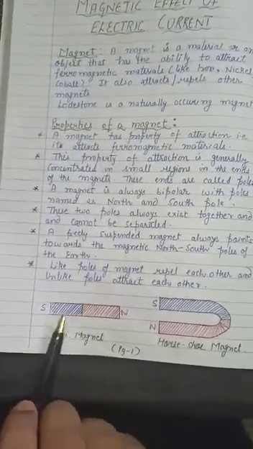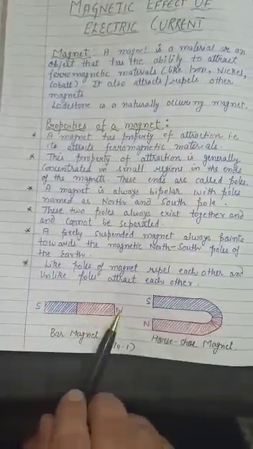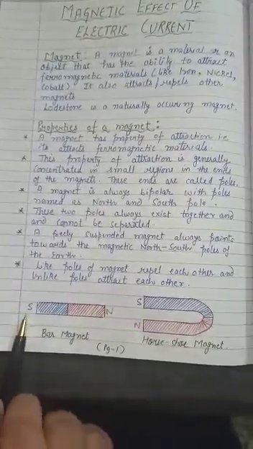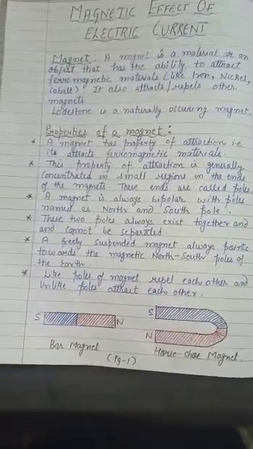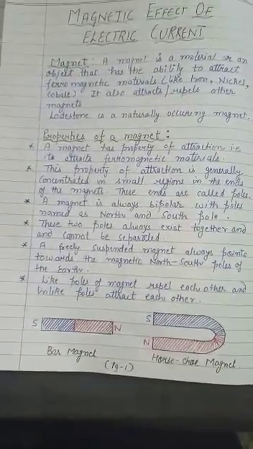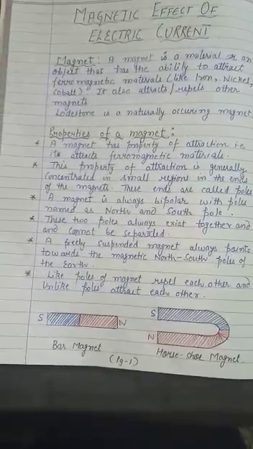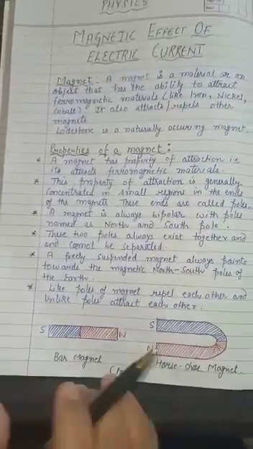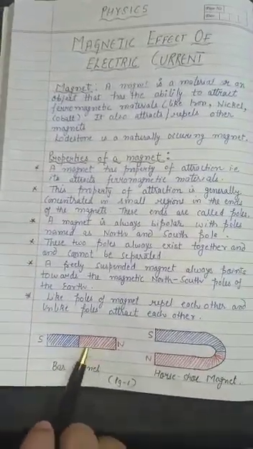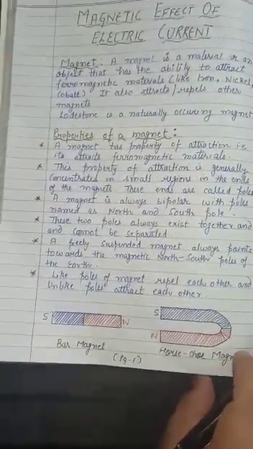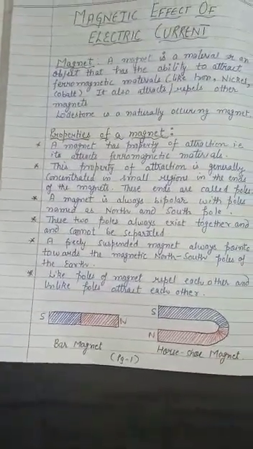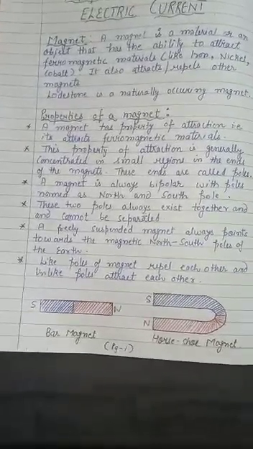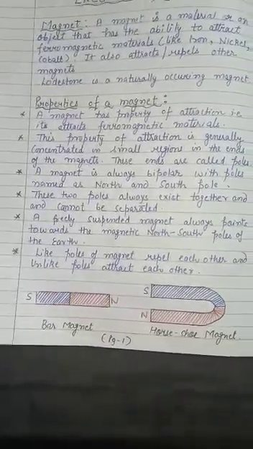If I cut this magnet in two halves, then also you cannot separate the poles of the magnet. The two halves will have their individual poles. Right, students? So dividing a magnet into different parts cannot separate its poles. So a magnet is always bipolar, and these poles are called north and south pole.